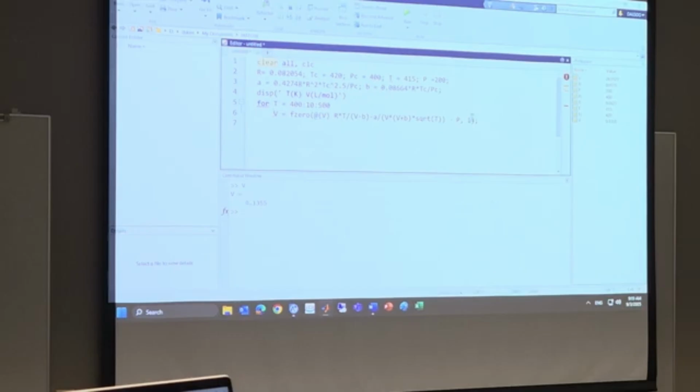Okay. Then I found the specific volume as a function of temperature range, and I can do everything there. First I can observe that.